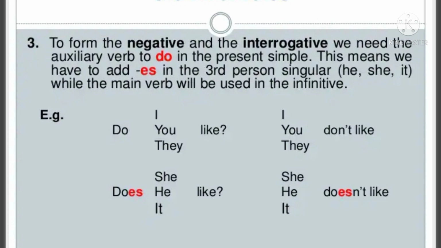Also for third person singular, does she, does he, does it. For negative, she doesn't, he doesn't, etc. This is the structure of negative as well as interrogative sentences in simple present tense.